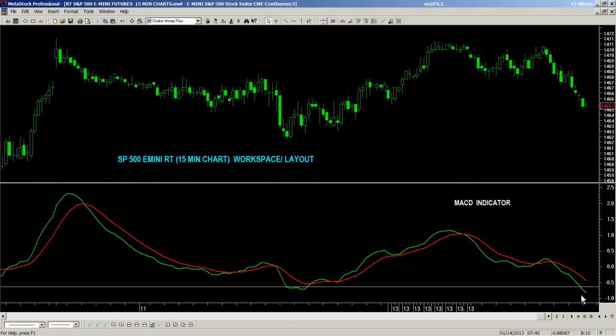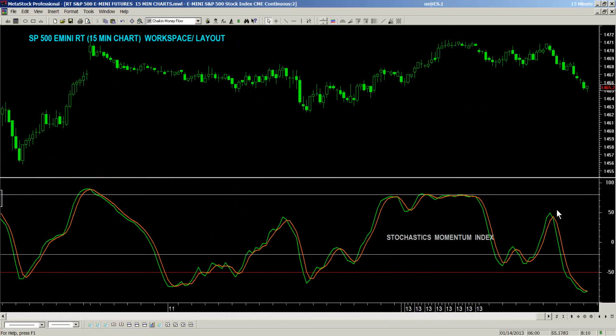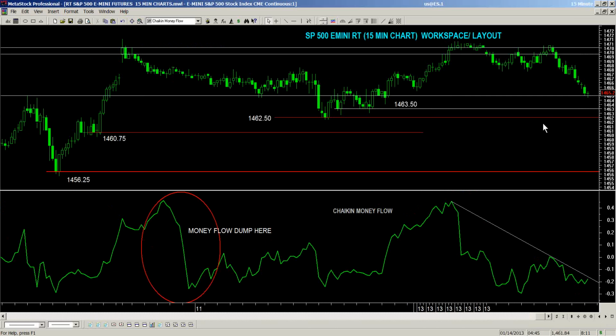EMAs are still in our favor. The MACD is still in our favor. Stochastics momentum index is trying to flatten out, but has not yet. This is the fastest indicator on our end that we use in conjunction with 1-minute charts to get out of the trade if we need to.